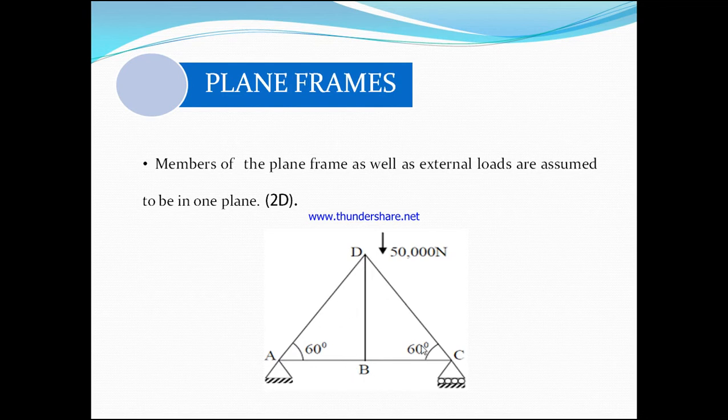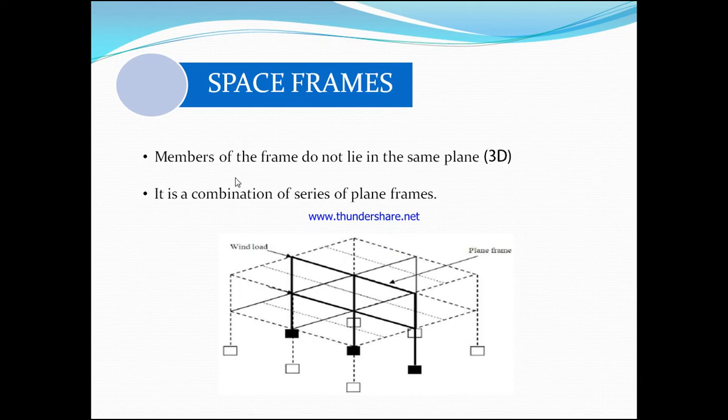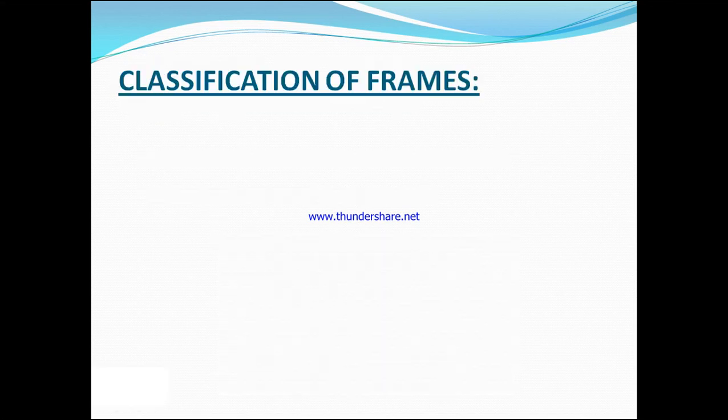Now coming to space frames, the members of the frame do not lie in the same plane. It is a combination of a series of plane frames. This type of frame is known as a space frame, or 3D frame.